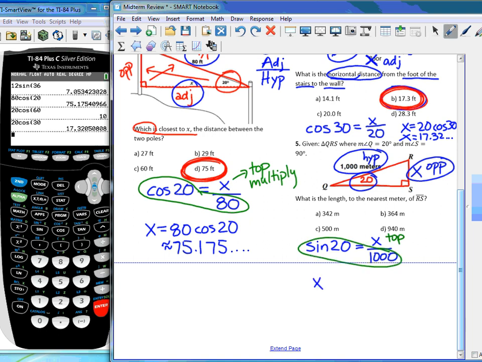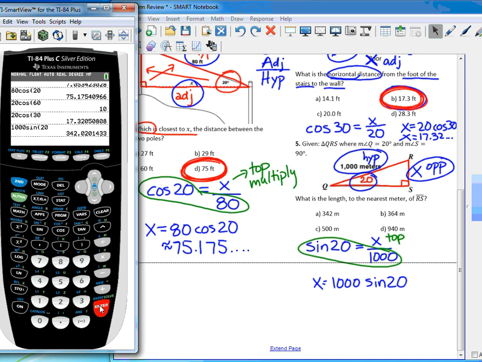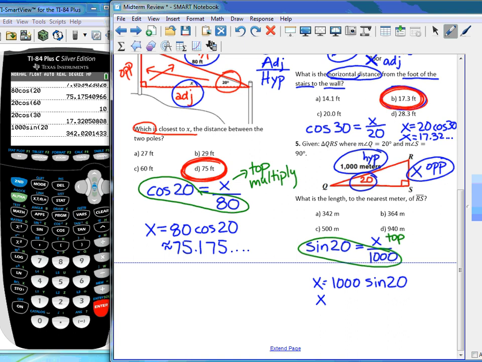So x has got to be 1,000 sine 20. So I can remember my calculator, 1,000 sine 20. 342. About 342. And that is closest to A. Once again, I'm going to circle that in red to be consistent, and we're good to go.